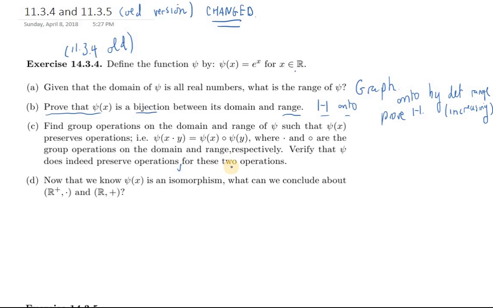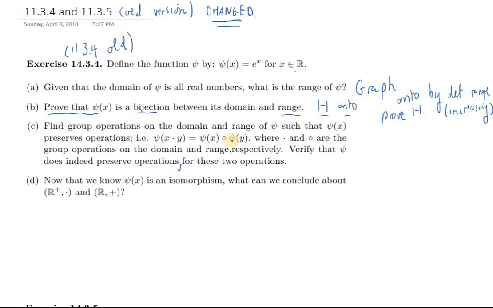So what you want to do is you have two sets now. You have the domain and the range. And you want to define a group operation on the domain and a group operation on the range, and ensure that when you use this function, c of x equals e to the x, that this equation works. That the c of x, and this is the group operation on the domain with y, should be equal to c of x, and this is the group operation on the range.